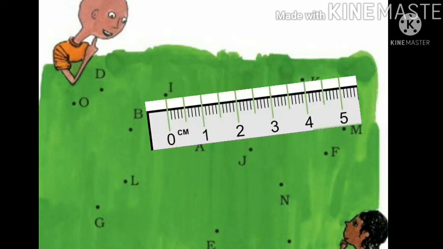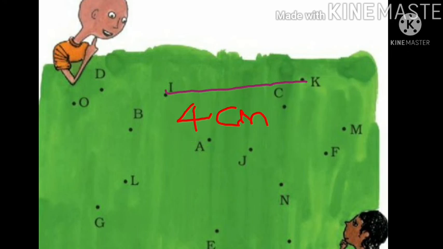Like this. Okay, I have kept 0 on the letter I, and in which number does it end, or where is K? K is at the number 4. So the distance between the 2 points I and K is 4 centimeter. So you can do like this with the rest of the points.